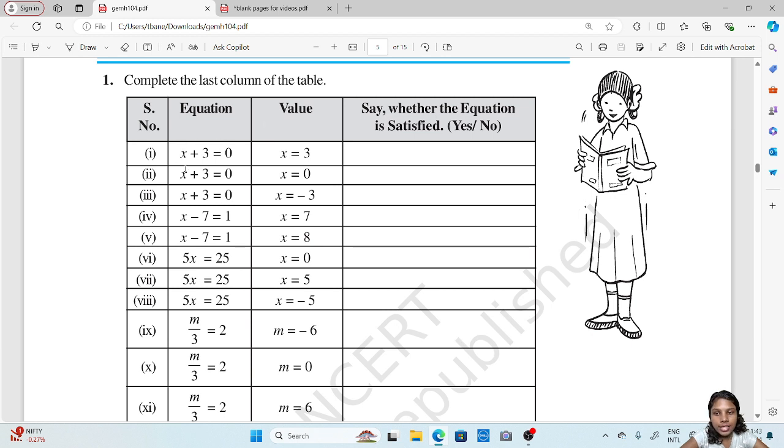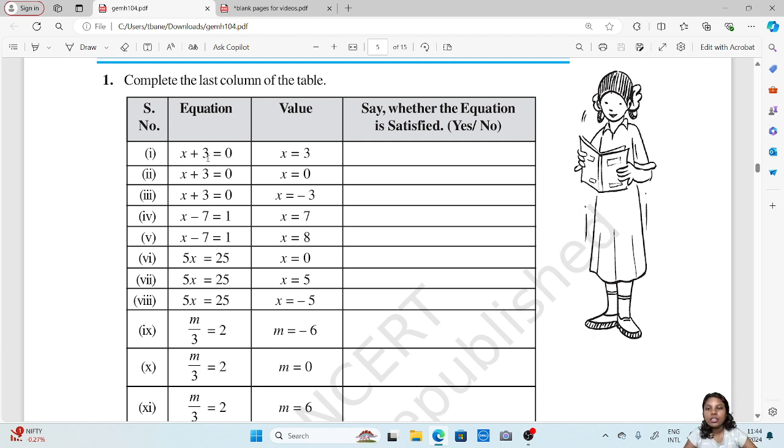The RHS side has 0. So if the equation is satisfied, then even on this side, x plus 3 should also give us the answer 0. Only then can we say that the equation is satisfied. If there is any other number on the LHS after solving x plus 3, if we get any number other than 0, then we say that the equation is not satisfied.